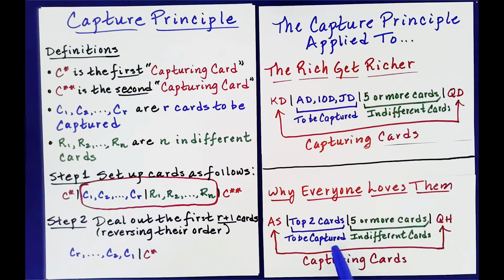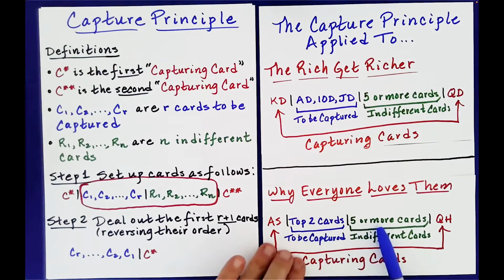And then it's the same thing for the why everyone loves them. Beyond the top 2 cards being dealt to the table, we just need to be sure that we deal out at least 5 more altogether. Okay, not hard to do because that's only 7 cards total. This is only 8 cards total, a very small packet.